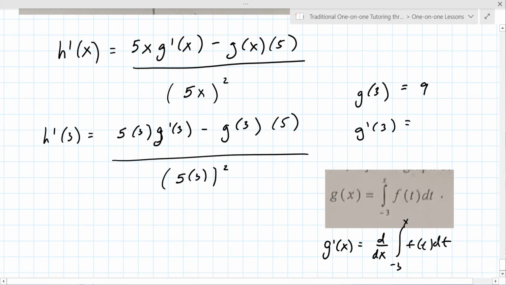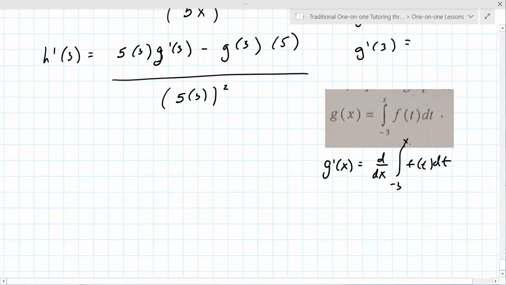Okay, and you know from doing this that it's f of x because you just put that x in there, and then you multiply by the derivative of x. Okay, but when we put a number in, it's the derivative of that number. So it's f of 3, and the derivative of 3 is 0. So this whole thing becomes 0.